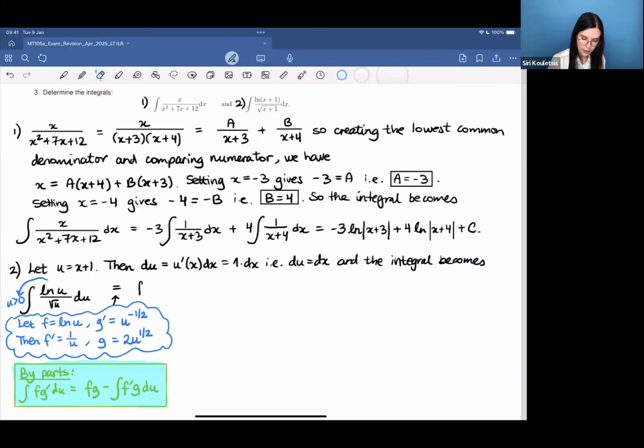And then now we apply the formula. So f times g, I'm just actually going to rearrange it as g times f. So 2 root u ln u. And then now we're going to write minus and then this integral here, f prime g, and we have this all lined up here.